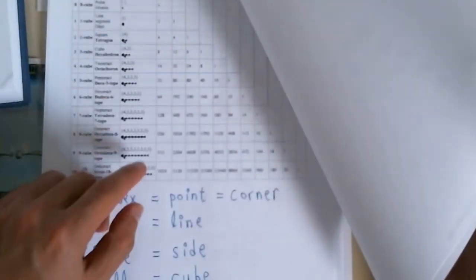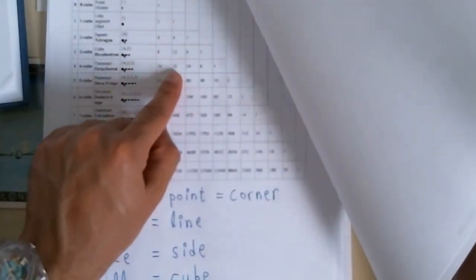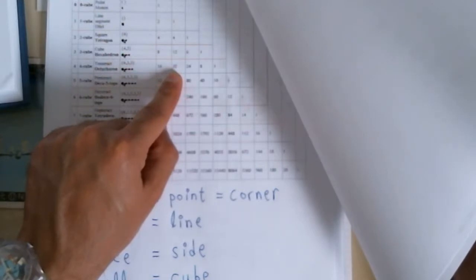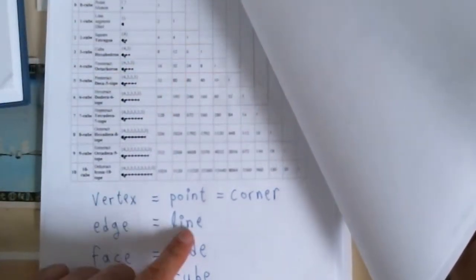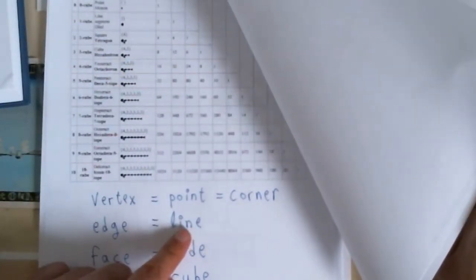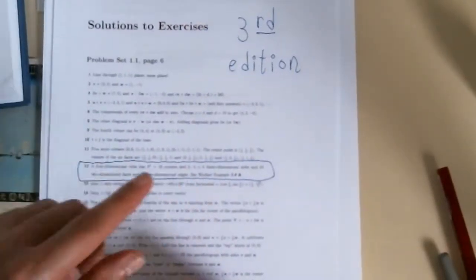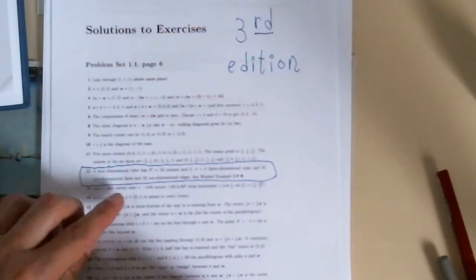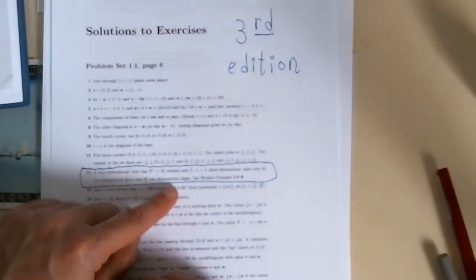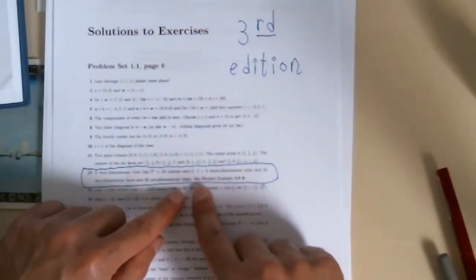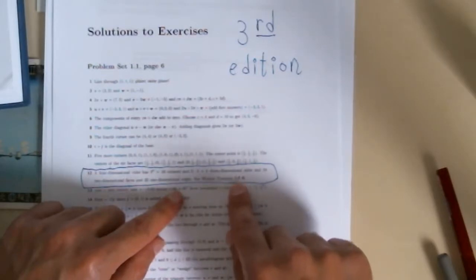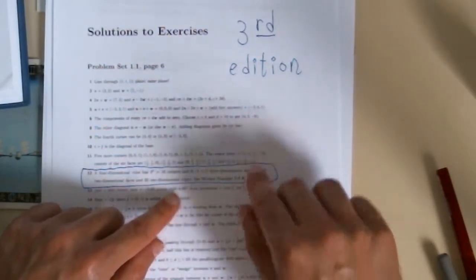Let's see if it's true in Wikipedia. 32 edges, which we called a line. So 32 lines. Again, it's the right answer, but it doesn't explain anything. But he points us to worked example 2.4a in the book.